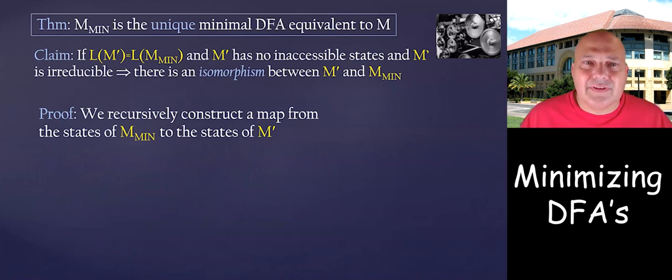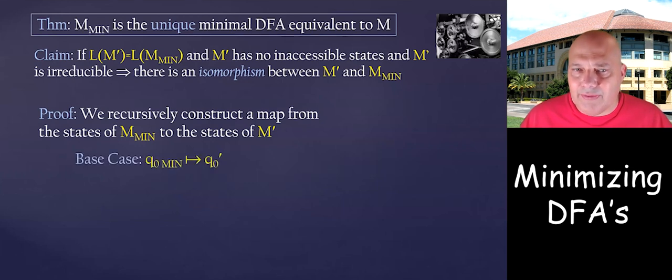So now we want to prove the claim. To prove the claim, we want to recursively construct a map from the states of M min to the states of M prime, and this map should satisfy all the conditions of an isomorphism.